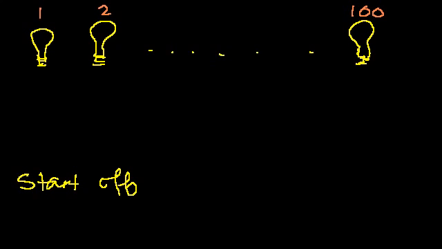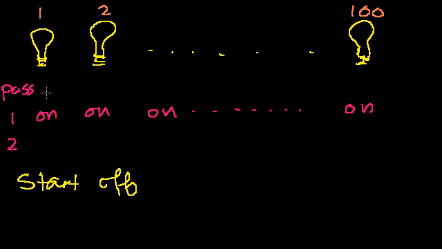So on my first pass, let's call this pass 1, I'm going to turn all of these on. They're all going to be turned on. And then in pass 2, I'm going to switch only every other light bulb. So for example, I won't switch light bulb 1.